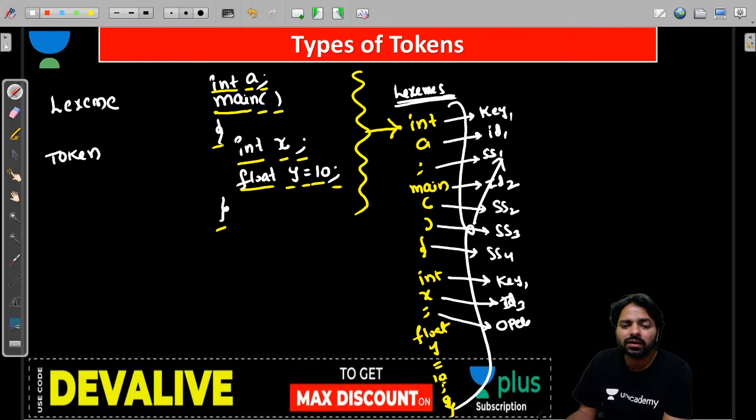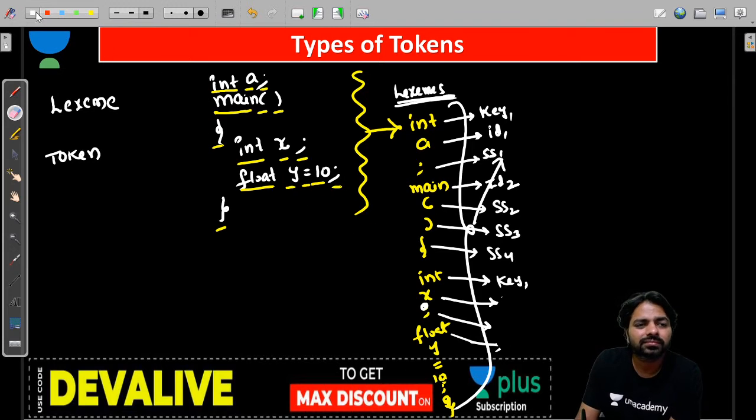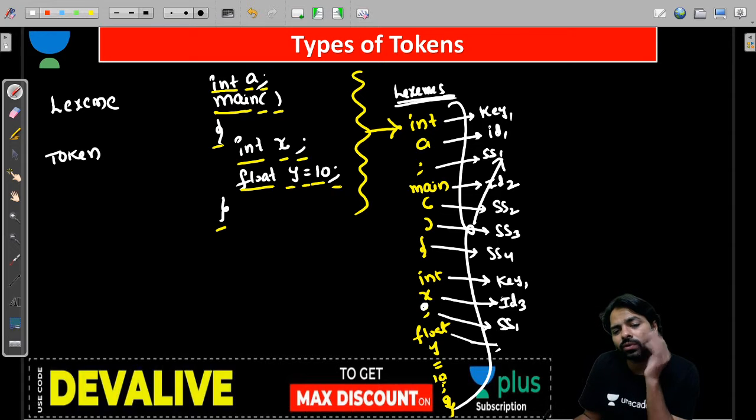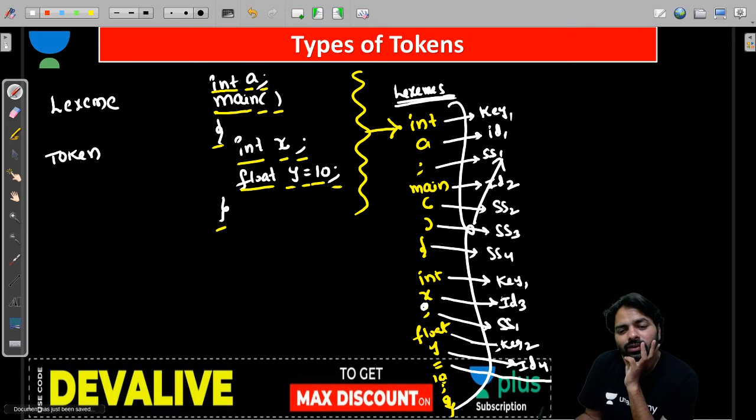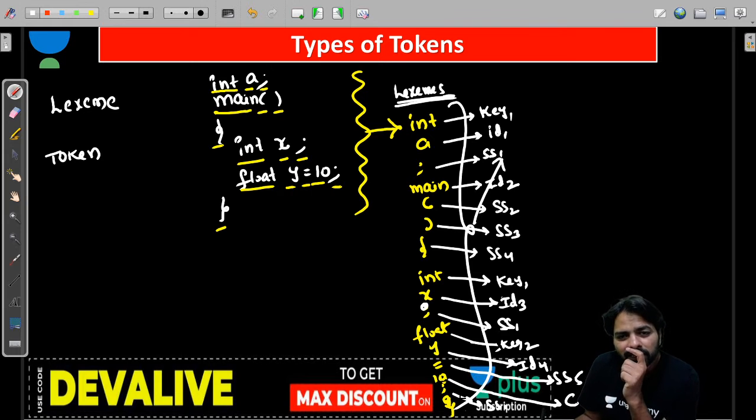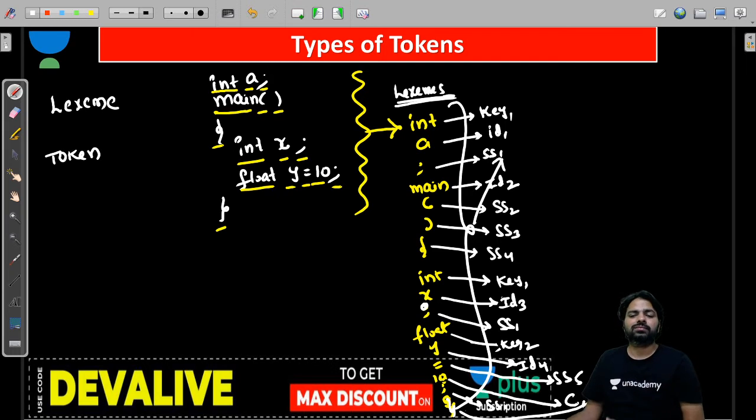Equal to is operator 1, and semicolon is a special symbol, so we keep the same name ss1, and float is a keyword, let's say key2, and y is id4, and equal is not there, so I'm taking special symbol 5, and 10 is constant 1, and semicolon we already have ss1, and ss2, ss4, and the closed bracket is ss5, which is coming the first time.